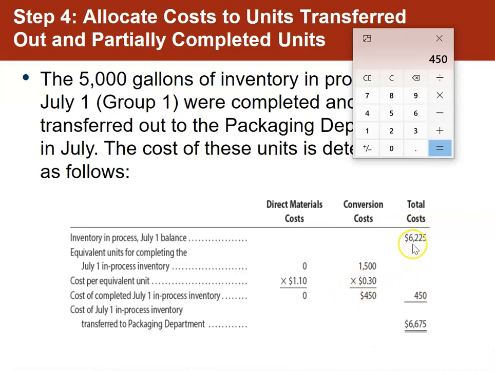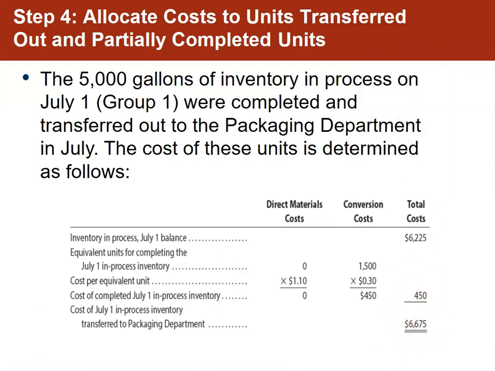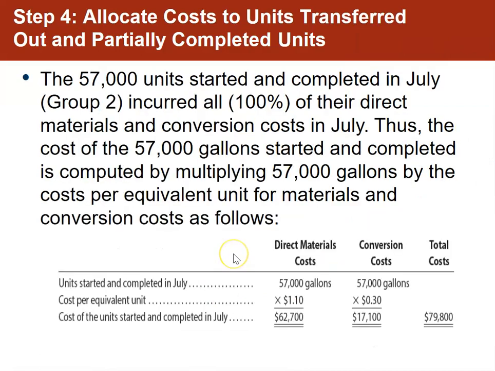The total cost of those 5,000 in-process units transferred to the packaging department is the 62.25 that we already incurred, plus the 450, giving us 66.25 in total. But that's just for group one.